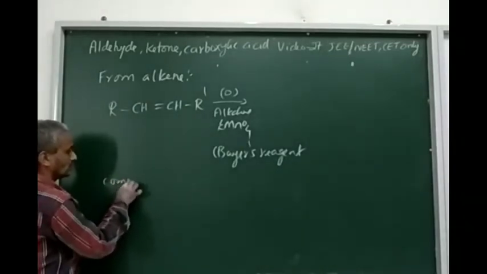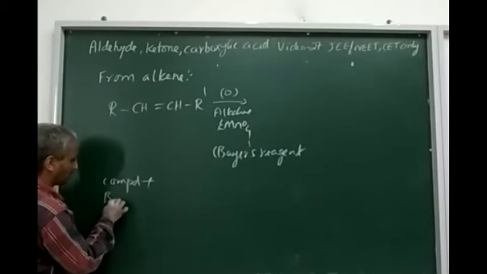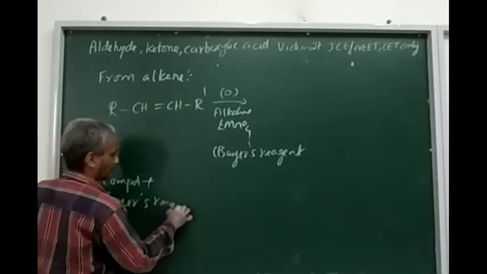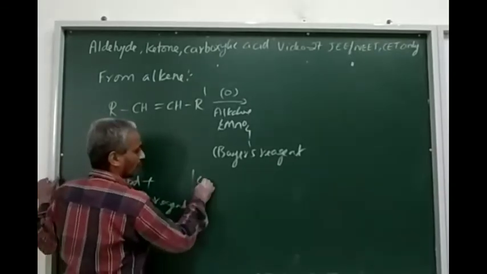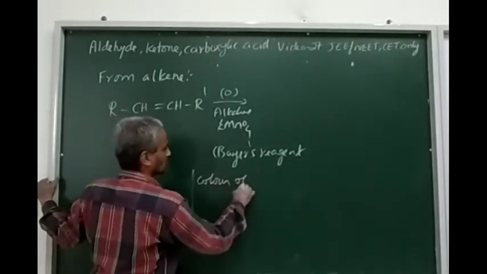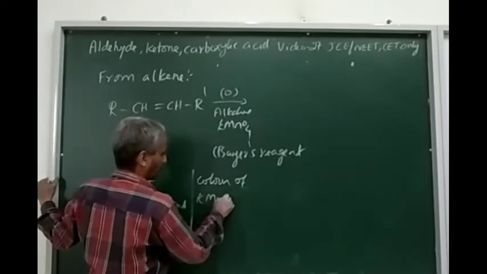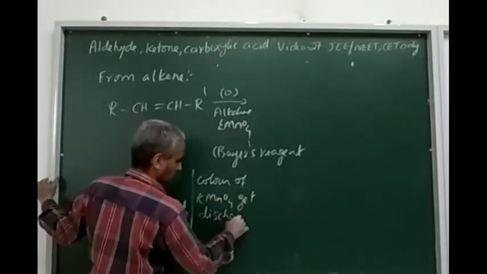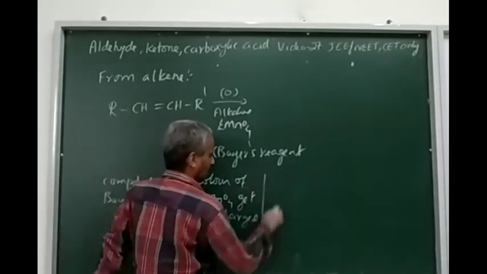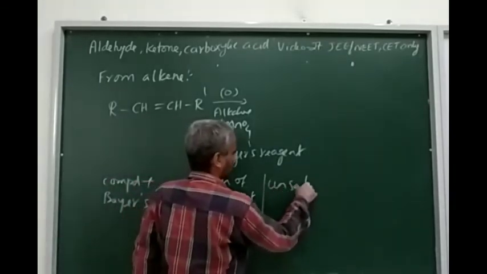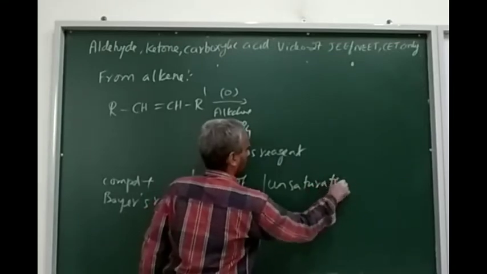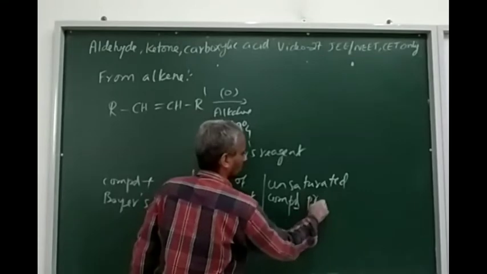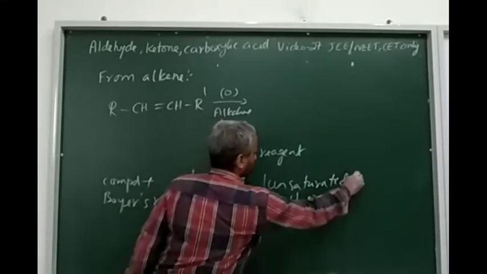Compound plus Baeyer's reagent, then the color of KMnO4 gets discharged. Unsaturated compounds are present. This is the test for the unsaturated compound also.